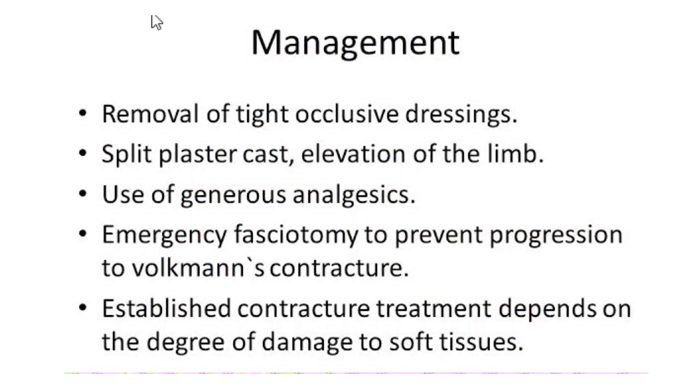The treatment options for Volkmann ischemic contracture include, first of all, removing the underlying cause which is causing the compression of the brachial artery. Like if the compression of the brachial artery is due to tight dressings or plaster casts, we can remove the tight dressings, split the plaster cast and elevate the limb of the patient.